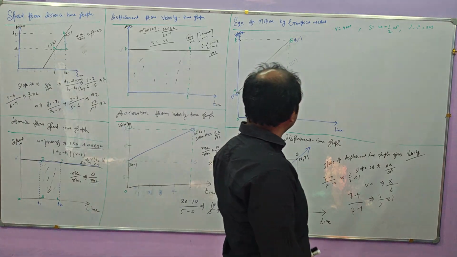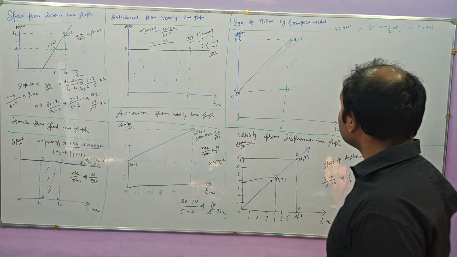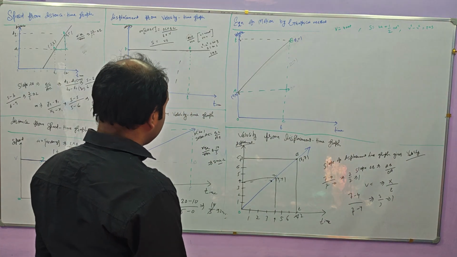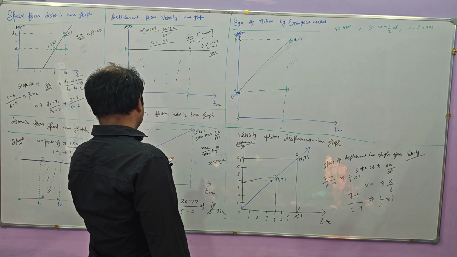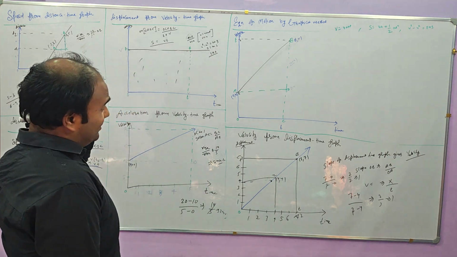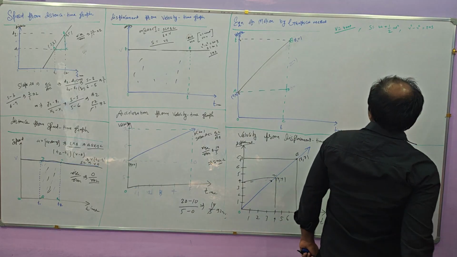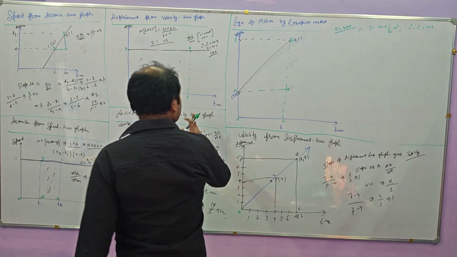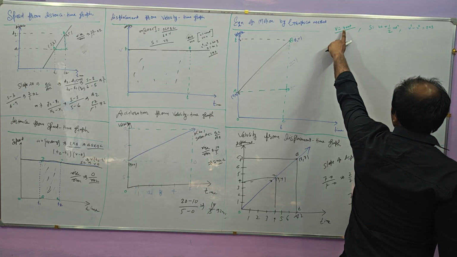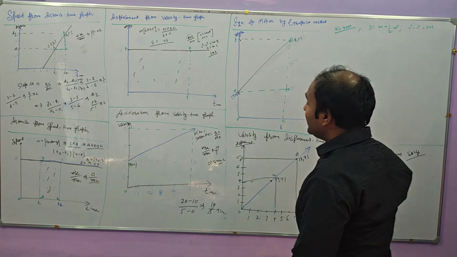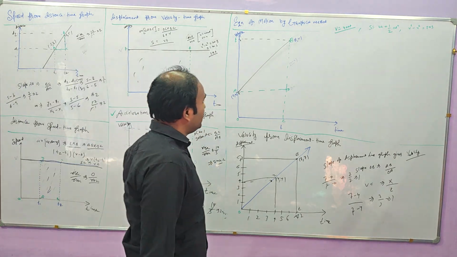Area under the velocity time graph gives displacement, and the slope of the velocity time graph gives acceleration. So we need to find the velocity time relation with acceleration. There are the terms velocity, acceleration, time, so we need to consider acceleration from the velocity time graph.